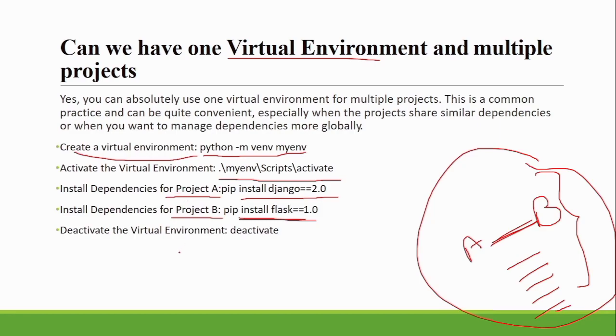Whenever project A is completed, deactivate it. If you want to start working with B, again activate the virtual environment and work with that project. Now here I have shown different dependencies. It is okay if you want to work with multiple projects which have different dependencies in the same virtual environment, you can do that also. Although you should not do it, but you can do it.